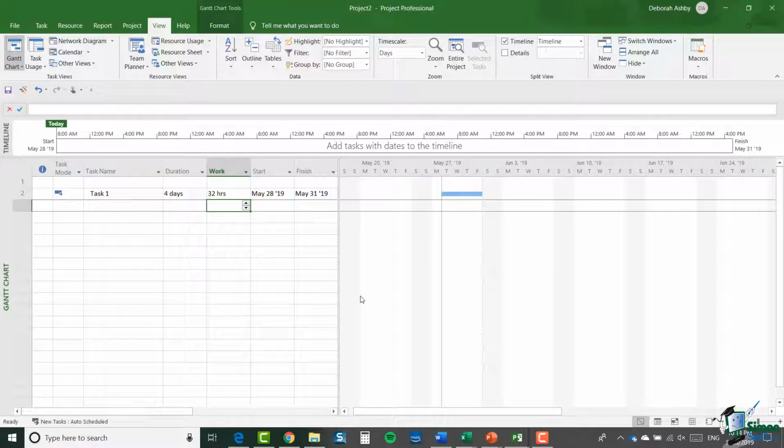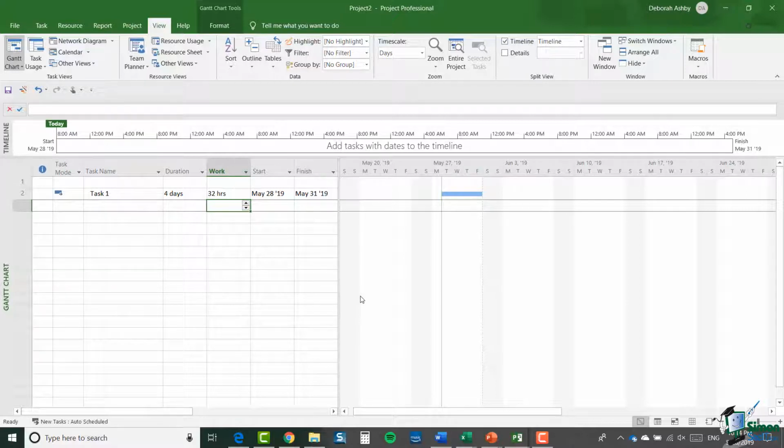So you measure progress in your projects as well as you can. You set everything up, you make sure you've got a good baseline, and Project 2019 does the rest. It calculates these important values, these important statistics, and tells you how well you're doing in terms of cost, in terms of value, and in terms of your schedule.